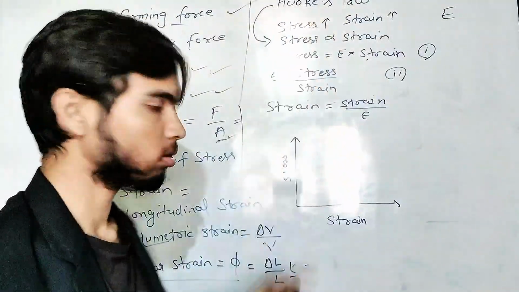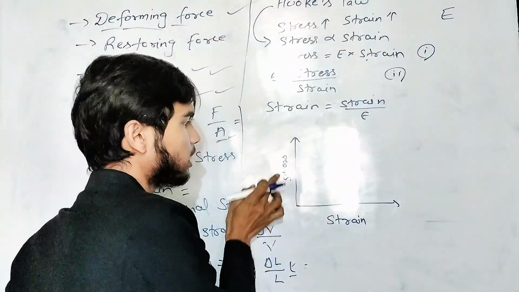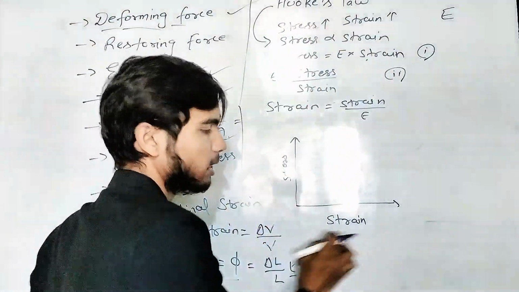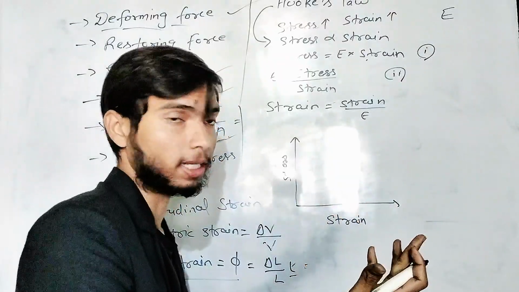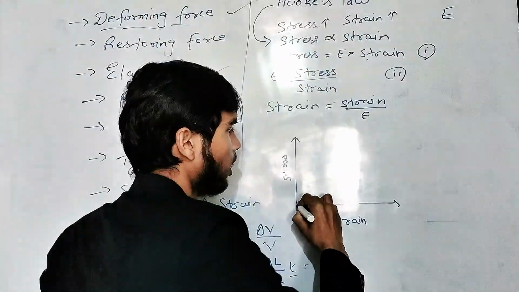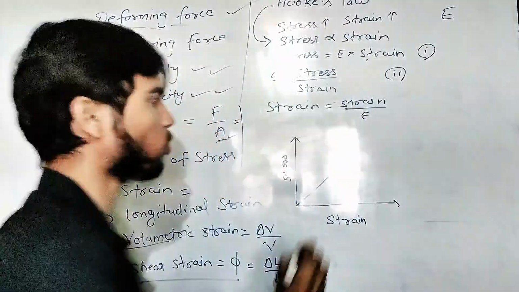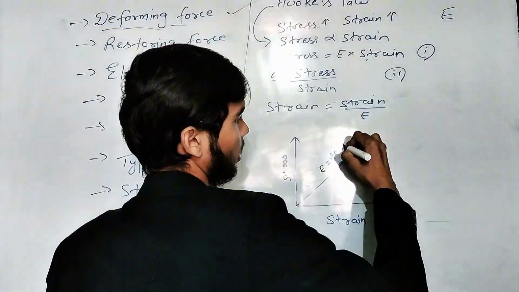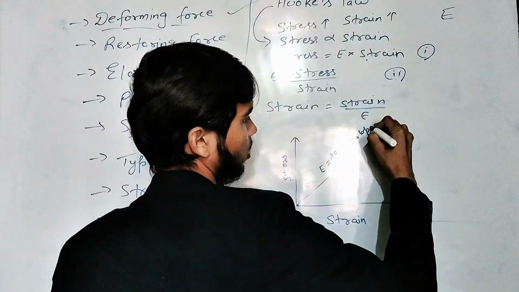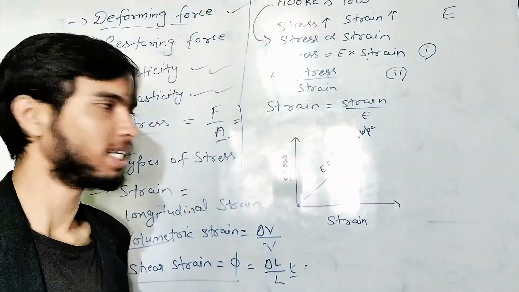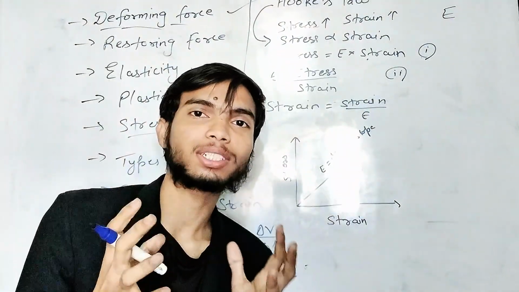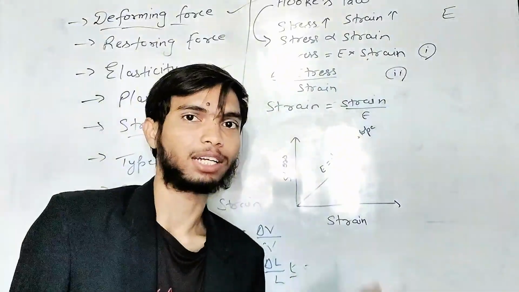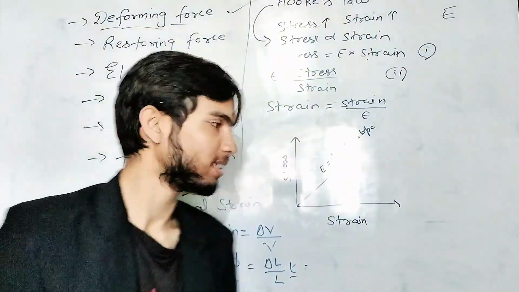According to this law, if stress increases, then strain will increase automatically. E is a constant. This is E, it is tan theta, and this is the slope. Tan theta provides a constant, and the slope is known as a constant.